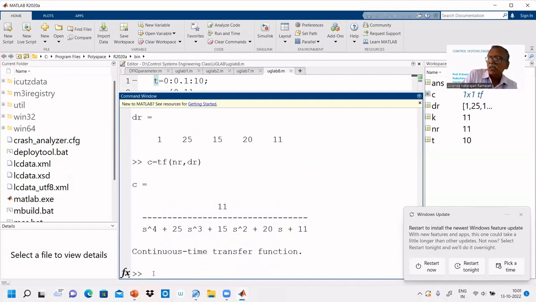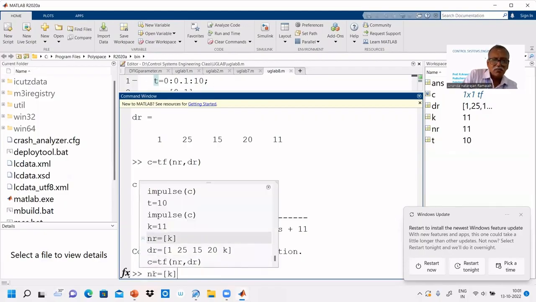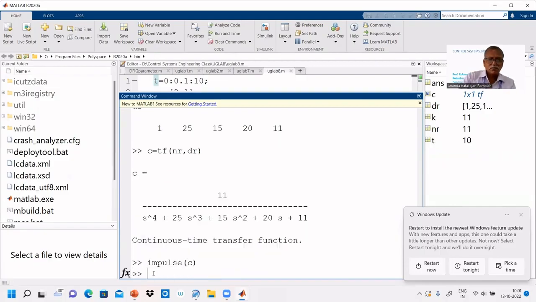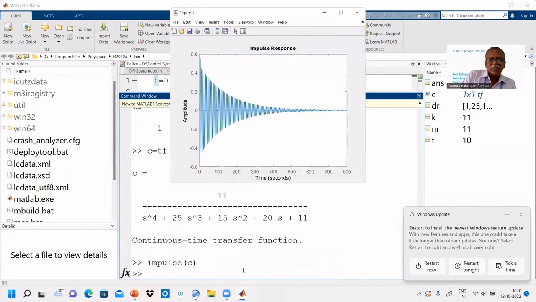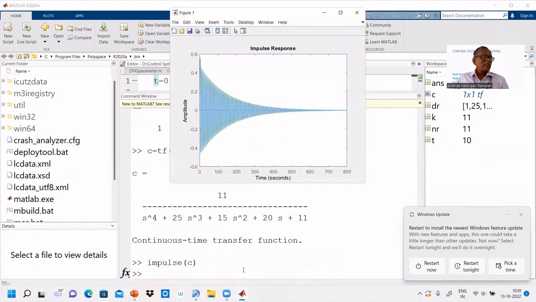Now the k value is less than 11.36. Now what happens to the impulse response? Oscillating and finally settling.